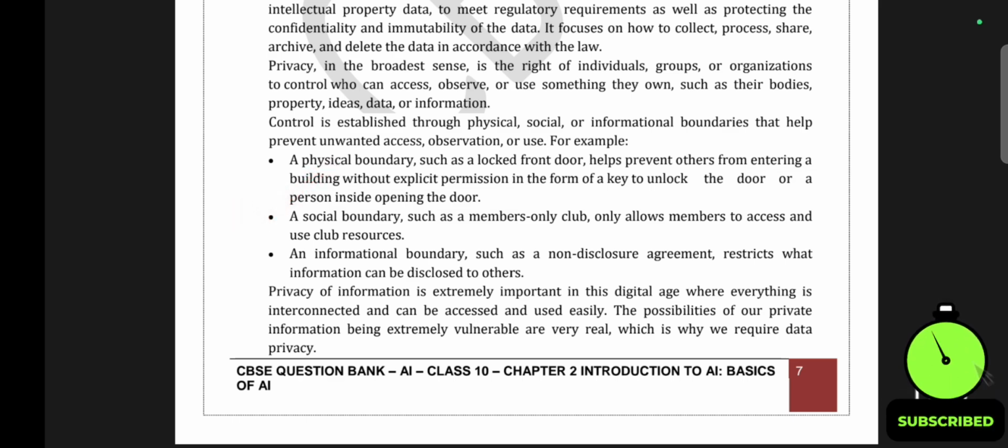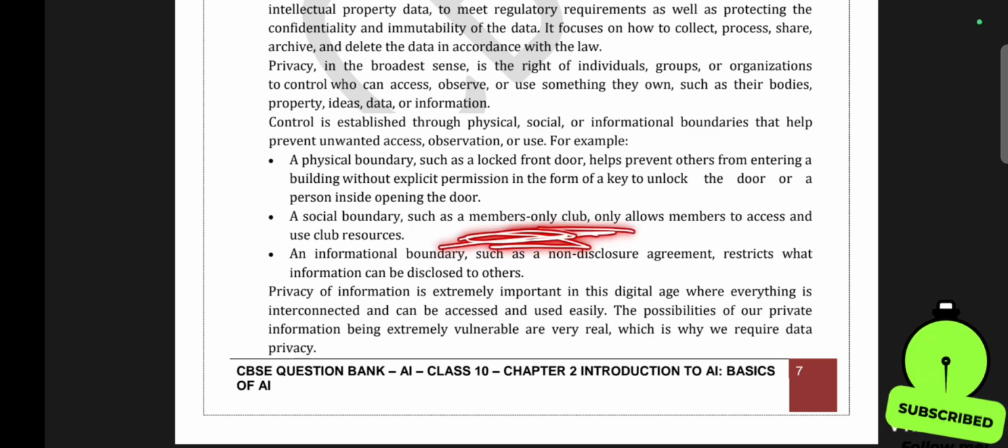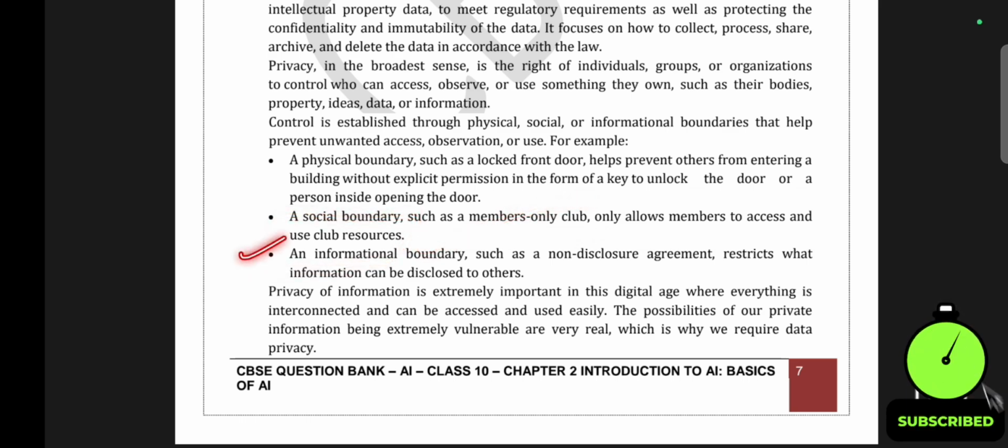Second, a social boundary, such as a members only club, only allows members to access and use club resources. Third, an informational boundary, such as a non disclosure agreement, restricts what information can be disclosed to others.